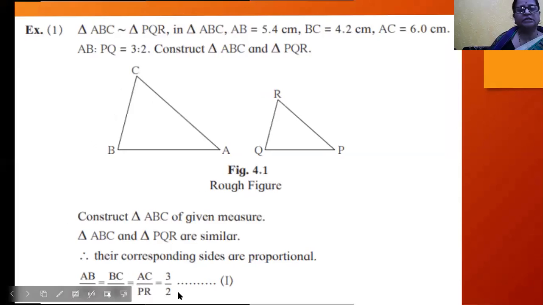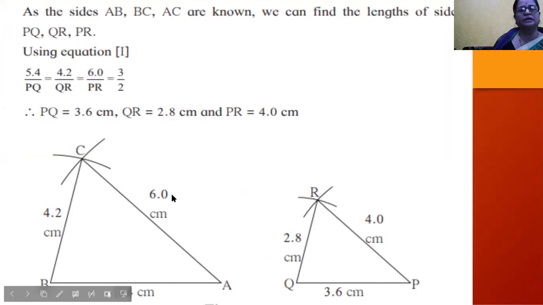If we take any pair, we make a cross multiplication and we get the sides like this: PQ is equal to 3.6, QR is equal to 2.8, and PR is equal to 4 centimeter. Like this, we have to construct the triangle, first ABC, and then triangle PQR.